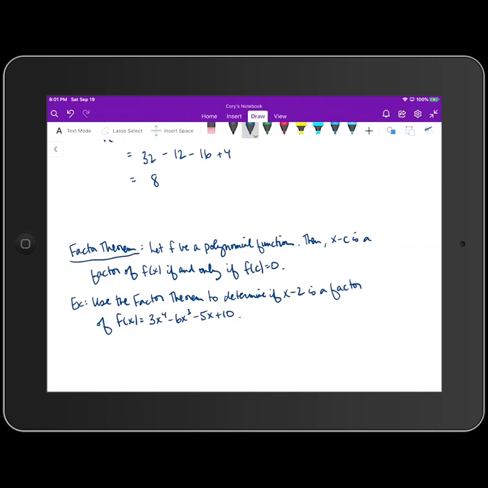The directions here say to use the factor theorem to determine if x minus 2 is a factor of the function f of x, which is equal to 3x to the 4th power minus 6x cubed minus 5x plus 10.